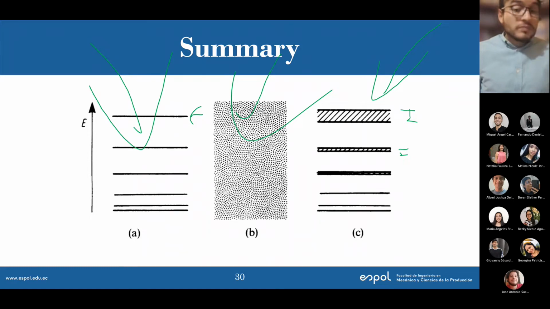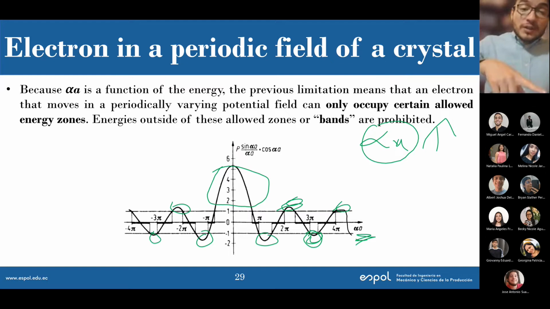And also, as I increase the energy level, you can see that these bands become wider. And that is related because the prohibited spaces here become narrower.